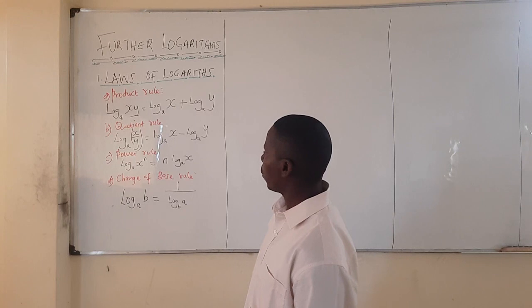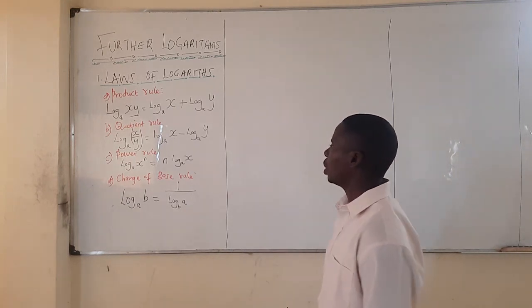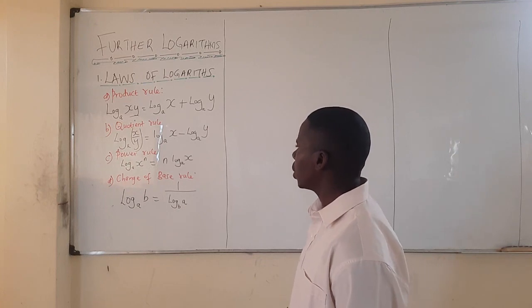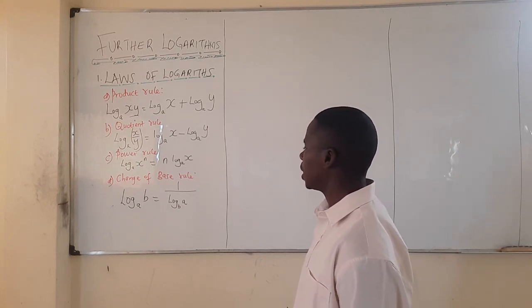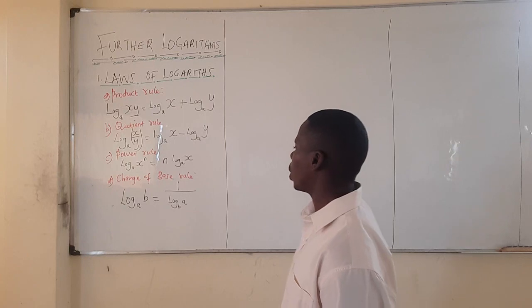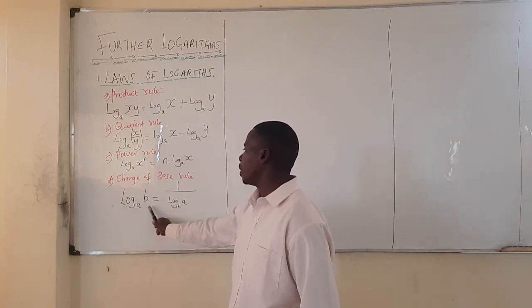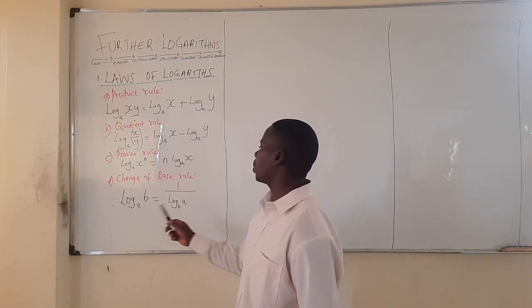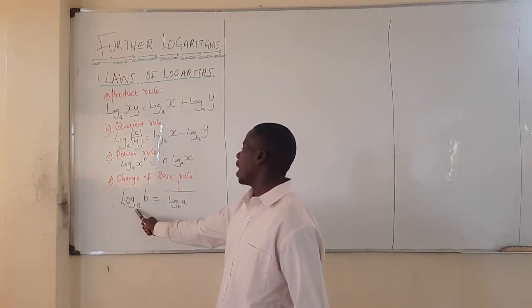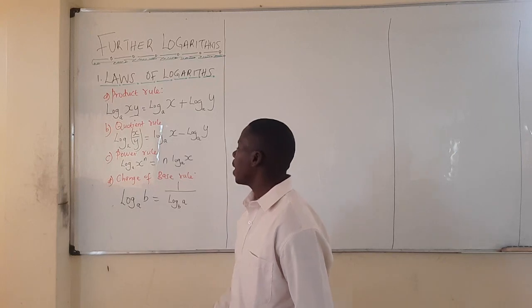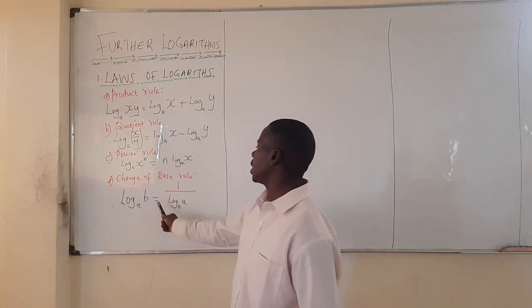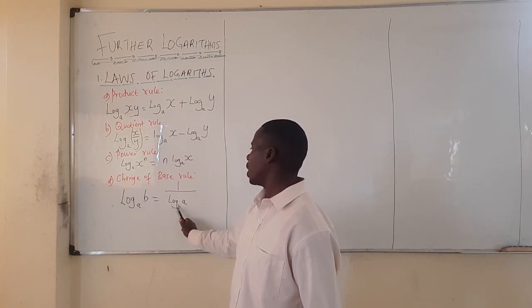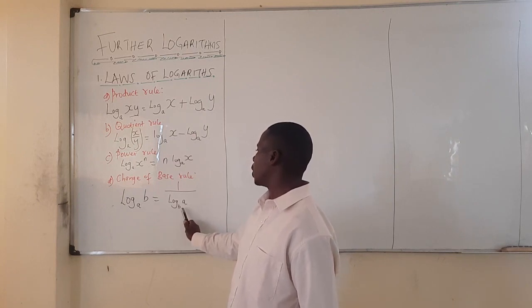And then law number 4 is the change of base rule. In this case, you have an example of the log of b to the base of a. If we want to interchange those bases, so that we do not start with the base being a and the other number being b, then it is the same as 1 divided by the log of a to the base of b.